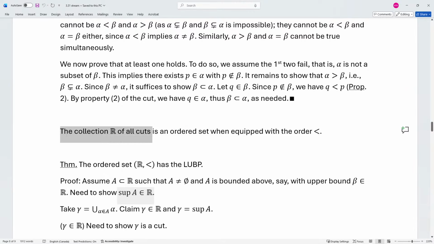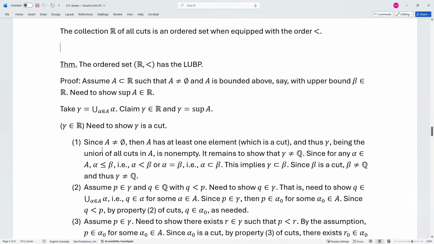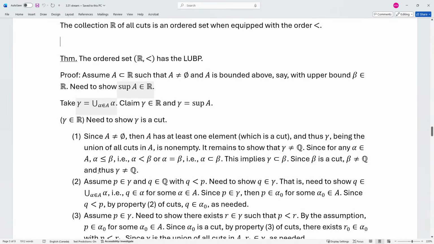We want to prove it has all the properties of real numbers that we wanted. As far as the symbol is concerned, this is the set of all cuts. Everything in there is a cut, and a cut is a set of rationals. That's why I was avoiding the phrase real numbers all the time, because I don't want to make the logical error of assuming we already have the real numbers.